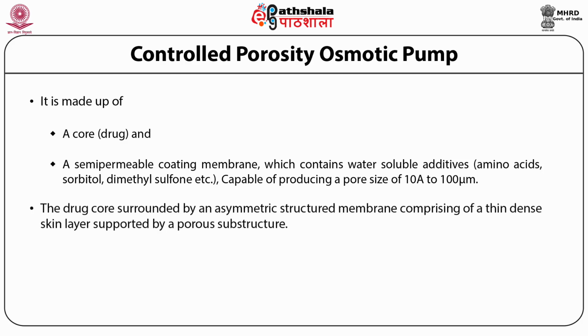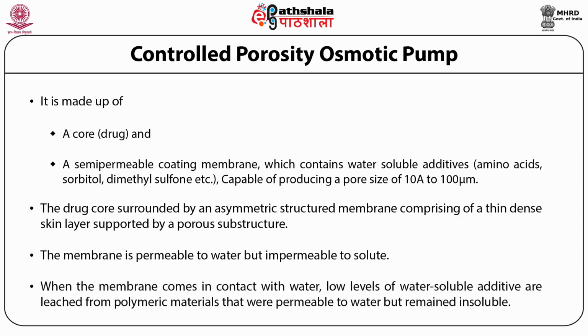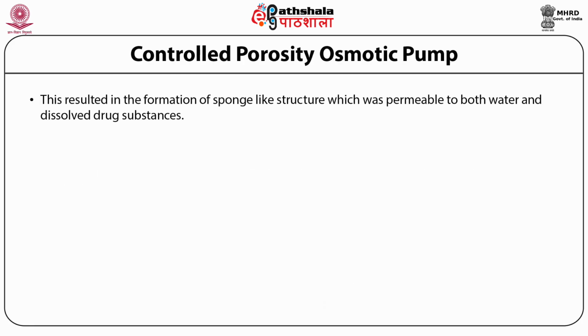The drug core is surrounded by an asymmetric structure membrane comprising a thin dense skin layer supported by a porous structure. The membrane is permeable to water but impermeable to solute. When the membrane comes in contact with water, the low-level water-soluble additives are released from the polymer membrane, and that is how the pores are created. This results in the formation of a sponge-like structure permeable to both water and dissolved drug.